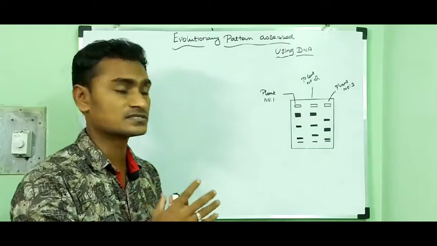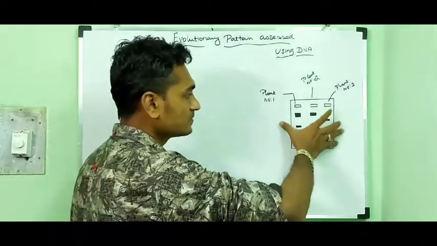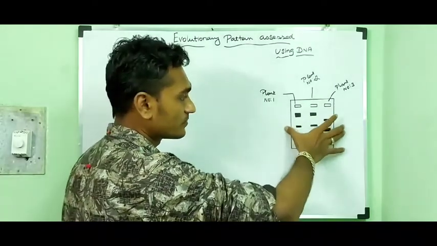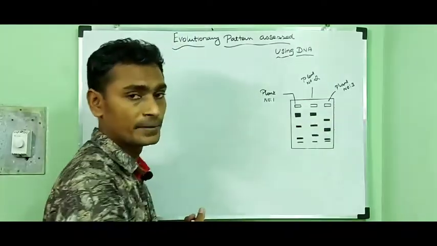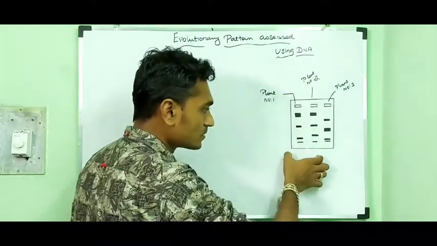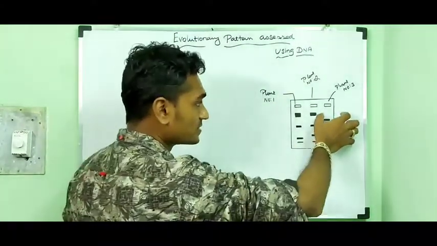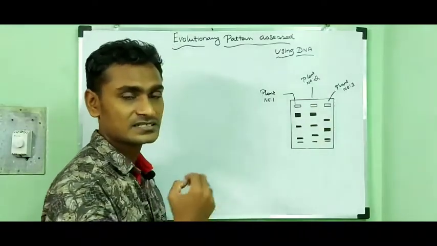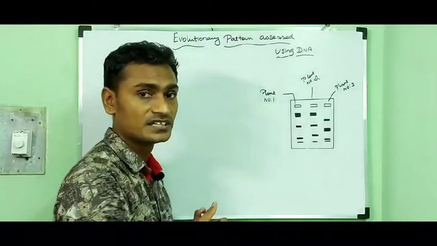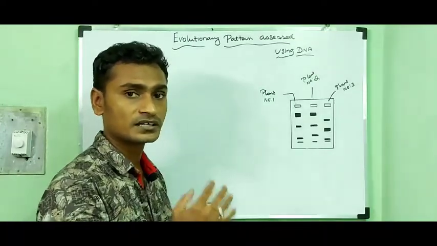After the electrophoresis, you can find bands of DNA in different patterns. The plant number 1 and plant number 2 show much similarities, and plant number 3 shows less similarities. So with these different patterns of DNA, we are able to draw a cladogram.